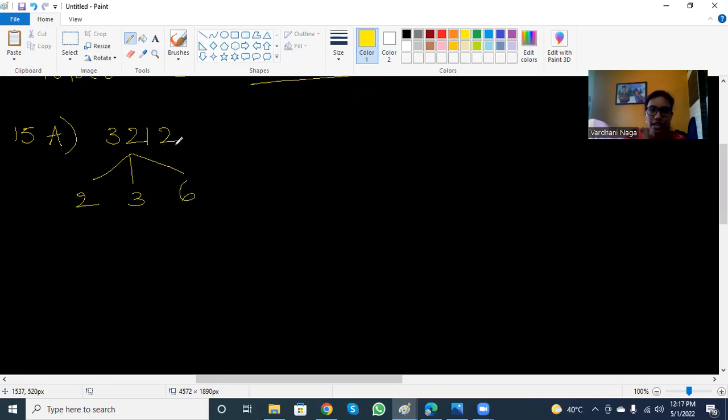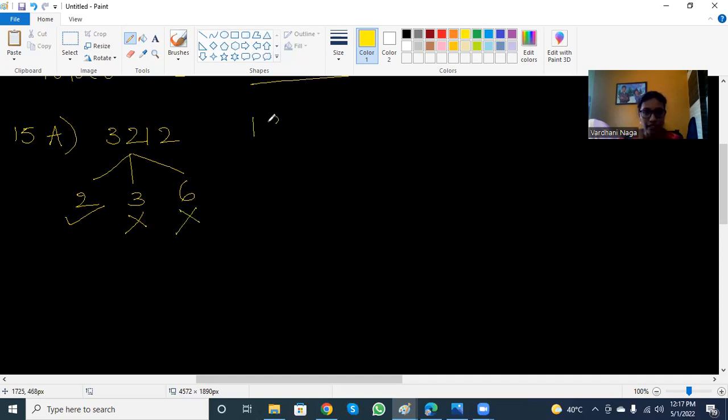The units place has an even number, so it is divisible by 2. For 3, let's add 3 plus 2, 5. 5 plus 1, 6. 6 plus 2, 8. It is not a multiple of 3, so it's not divisible by 3. The divisibility rule of 6 is that it should be divisible by both 2 and 3. Then only it can be divisible by 6. But here, it is divisible by only 2, not 3. So it is not divisible by 6.